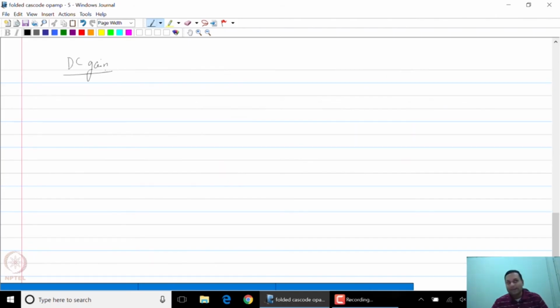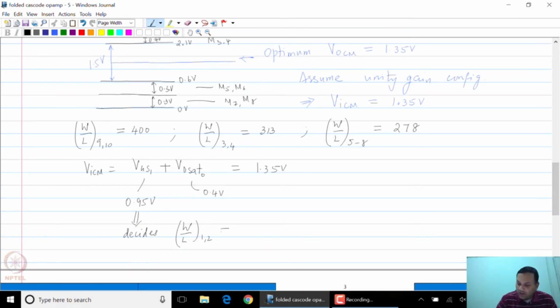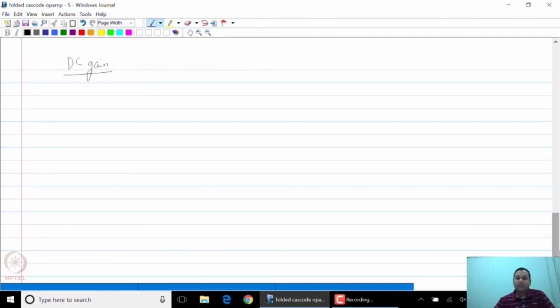To calculate the DC gain, we are now going to decide the GMs of the devices. As you can see, W over L of 1 and 2 will give a number of approximately 400, and that will help us decide the GMs of the devices.